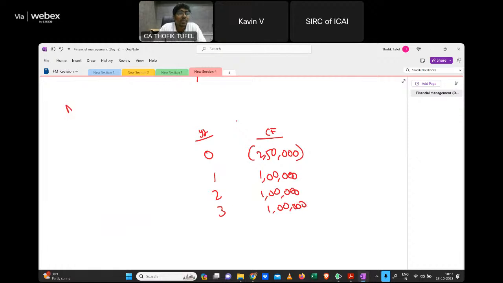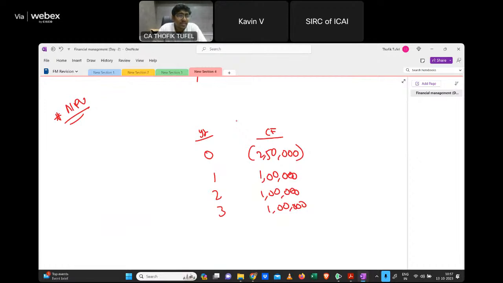Now we will see net present value. Net present value is very important. See, this is a simple problem of net present value. In exam, it will not come. Okay, in exam, net present value problem will not come because cash flows will not be directly given. In exam, you have to identify the cash flows. But let me tell you how to find out the discounted net present value. You already know. I will tell you first what is net present value.